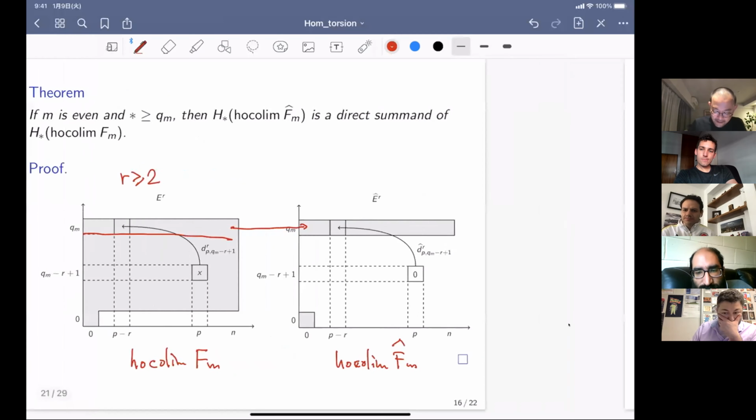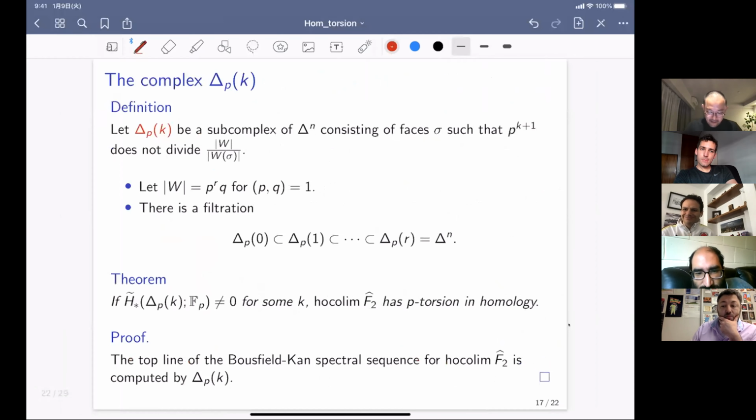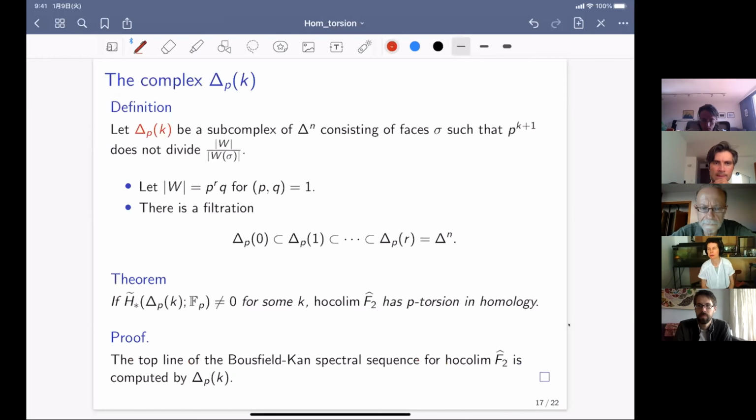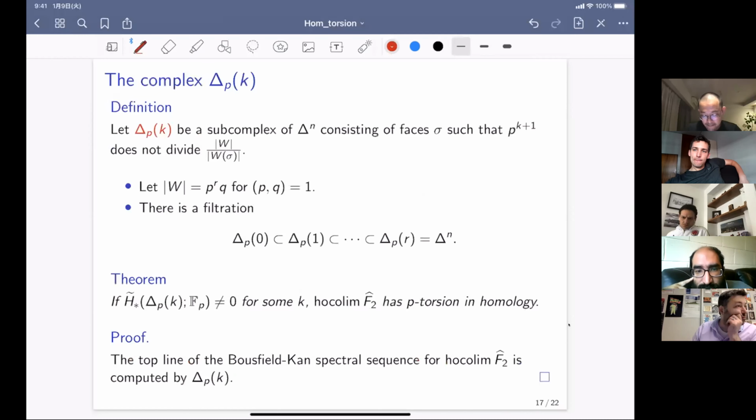Okay. Right, so now this is the second step, and the third step is this, the complex Δ_p^k. Let Δ_p^k be, we first define this complex. We define Δ_p^k to be a subcomplex of Δ^n consisting of faces σ such that p^{k+1} does not divide the order of W divided by the order of W_σ.